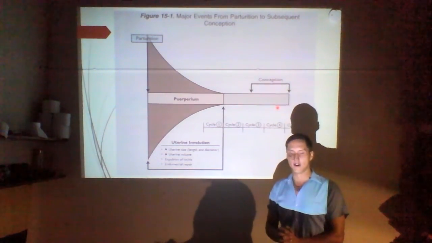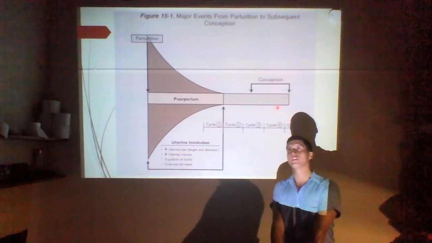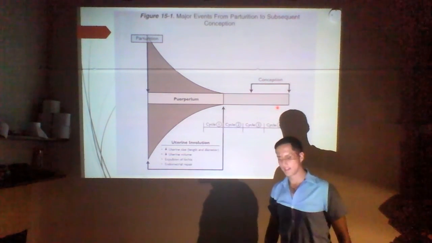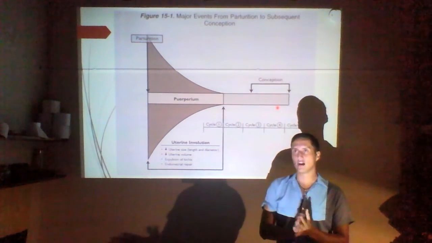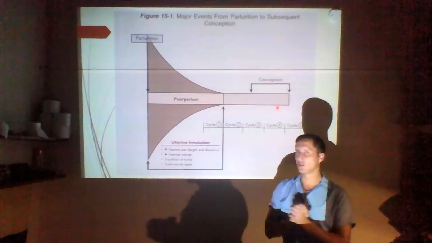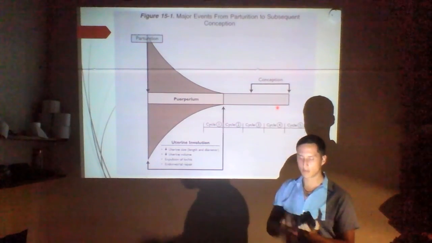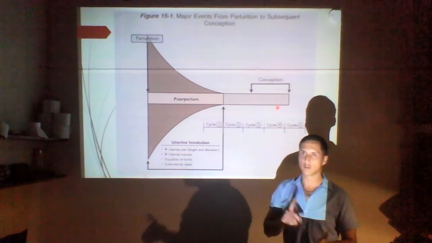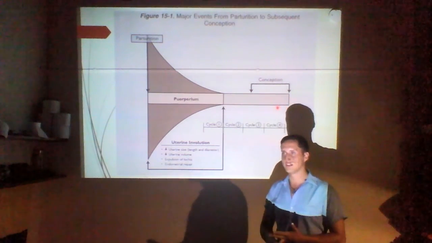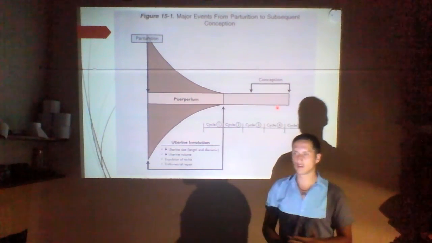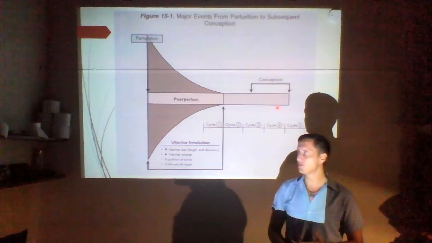Another important thing to take into account is the nutrition of the cow, because the nutrition of the cow is related with the hormones that are going to be released in all this process, with the different nutrients that they're going to have, for example phosphorus, magnesium, and calcium.